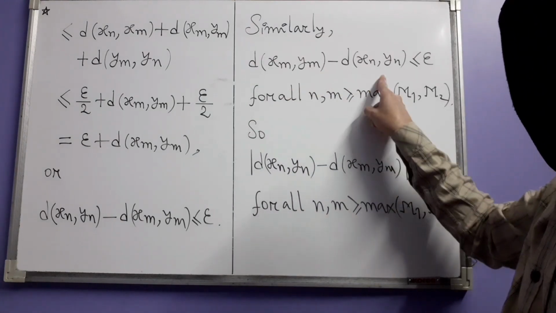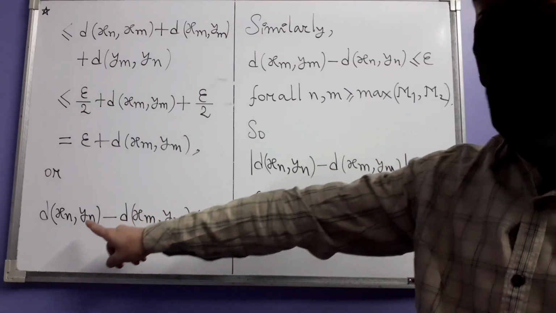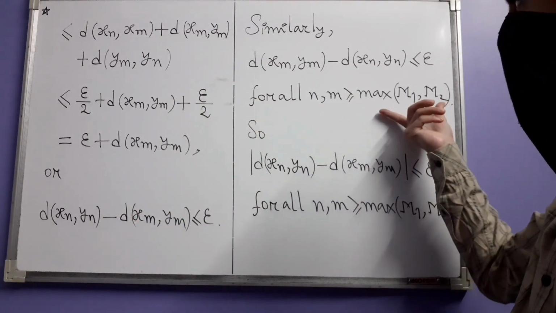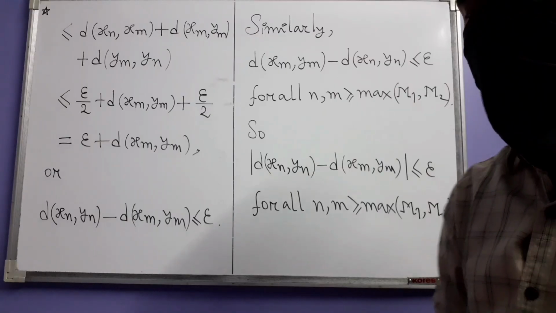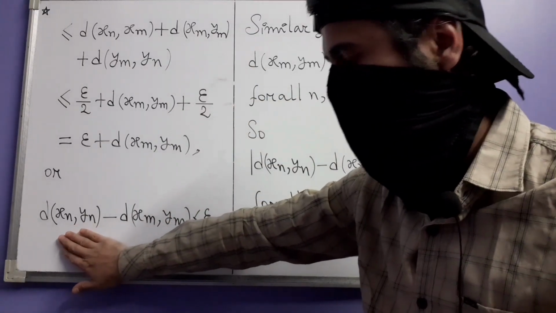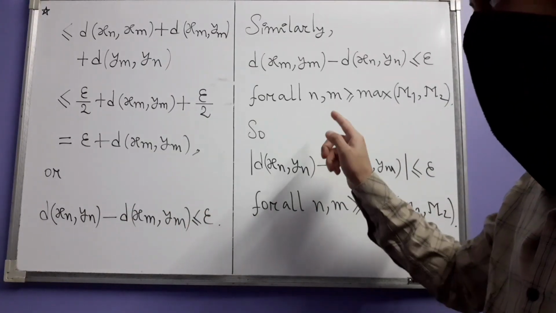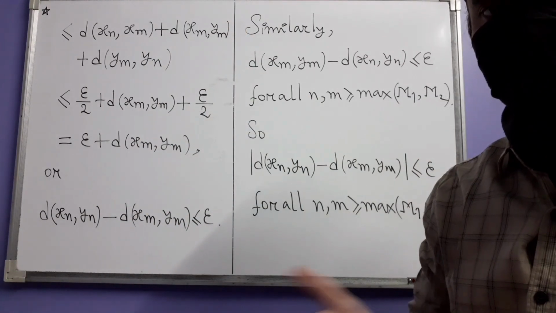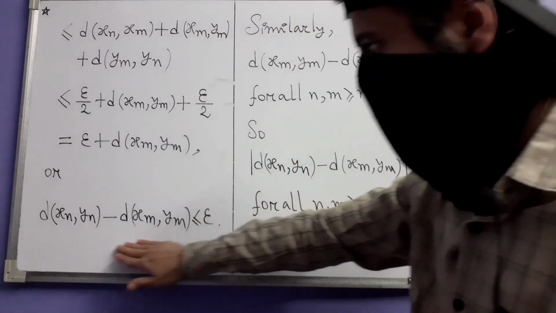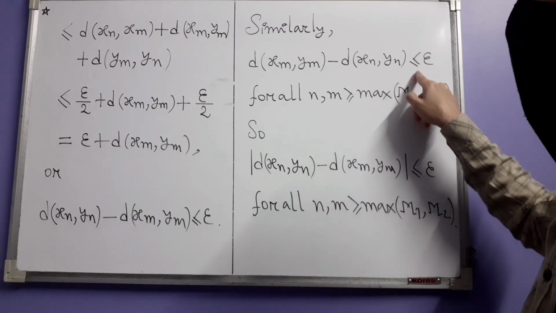Similarly, we have this as well, d(xm, ym) minus d(xn, yn) less than or equal to epsilon for all n and m greater than or equal to this max value. How? Whatever calculation we did here, starting with this, we can do a similar calculation starting with this one and following similar steps. That will get us this inequality. So both this difference as well as its negative are less than or equal to epsilon.